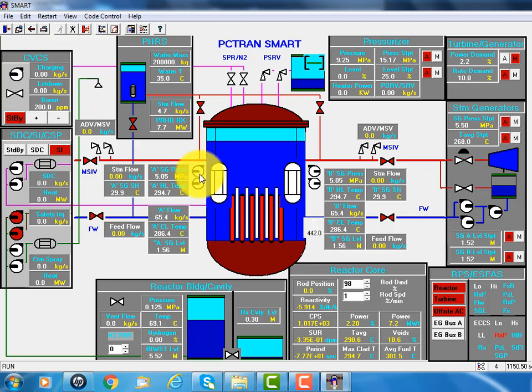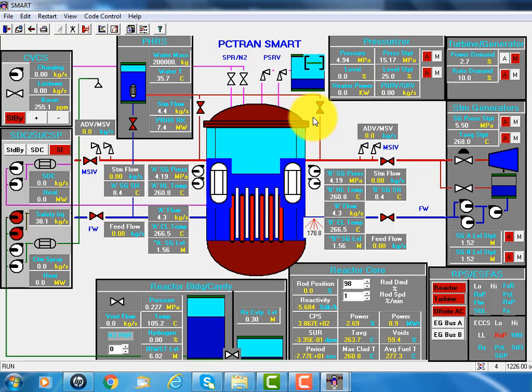As a result, the primary pressure will be falling rapidly. As a result, the safety injection pump will start automatically. It's diesel generator powered, and puts water back into the core. If the pressure continues to go down, the containment pressure will go up because of the loss of coolant through the feed water line.